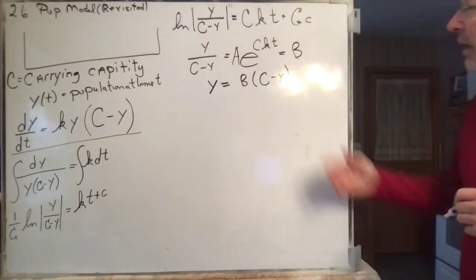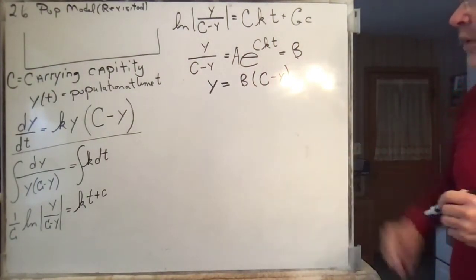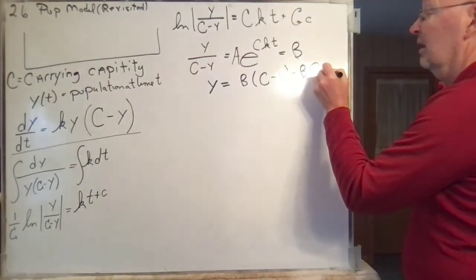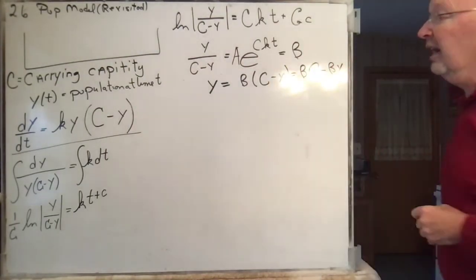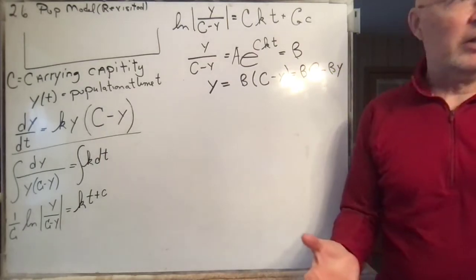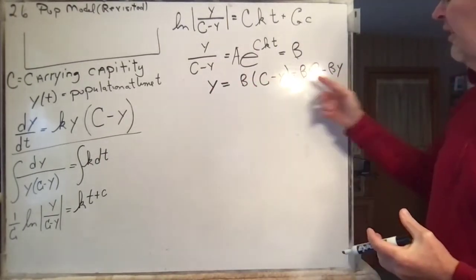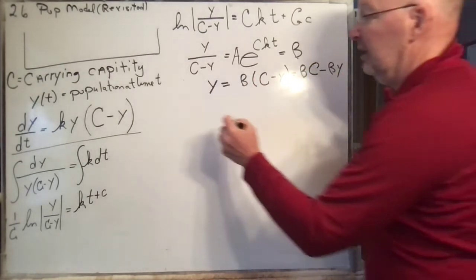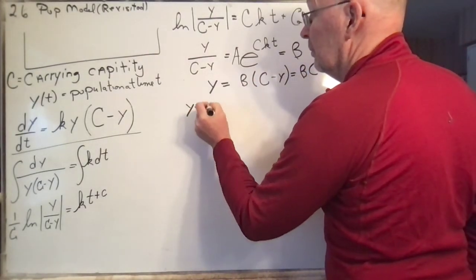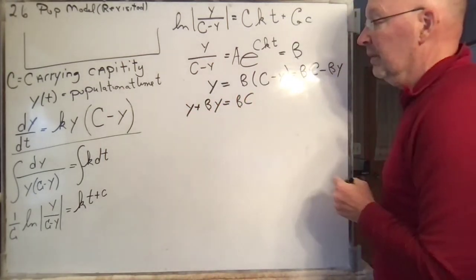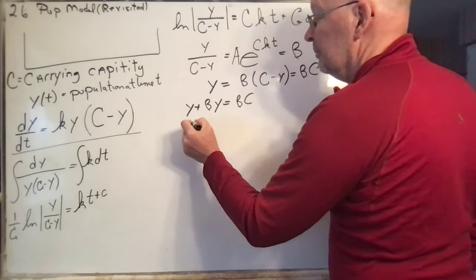Now, of course, it's connected by the parentheses, and so we'll get rid of the parentheses like that. Now everything is broken apart. And now that it is, we want to collect all the things with y in it together. So we can bring this over to the other side, like that. And then you can factor the y out.